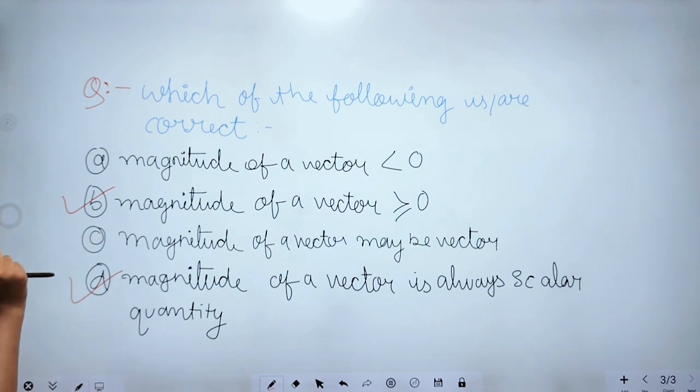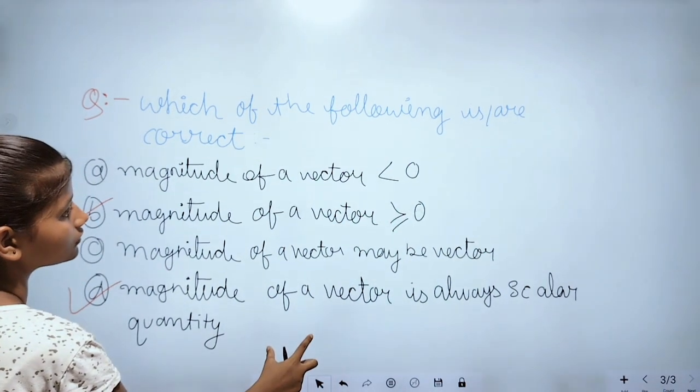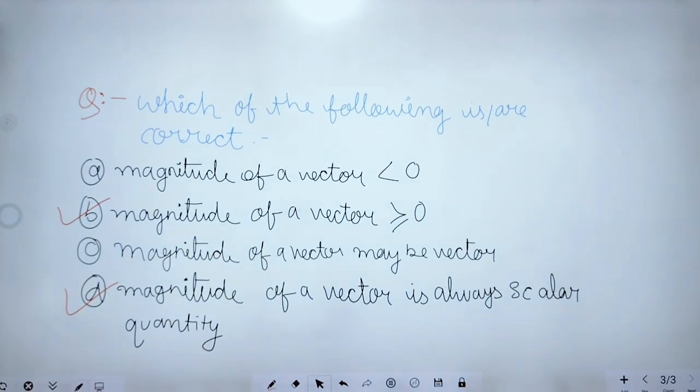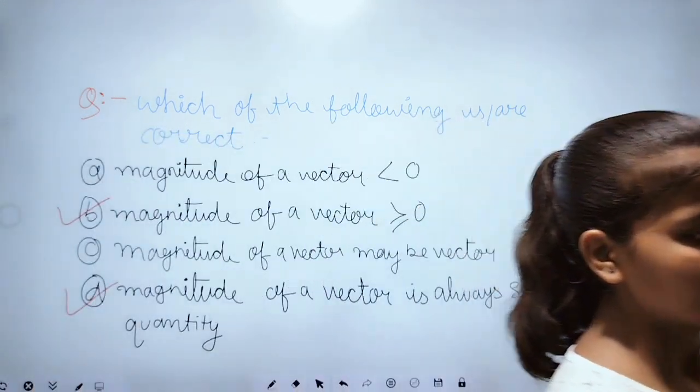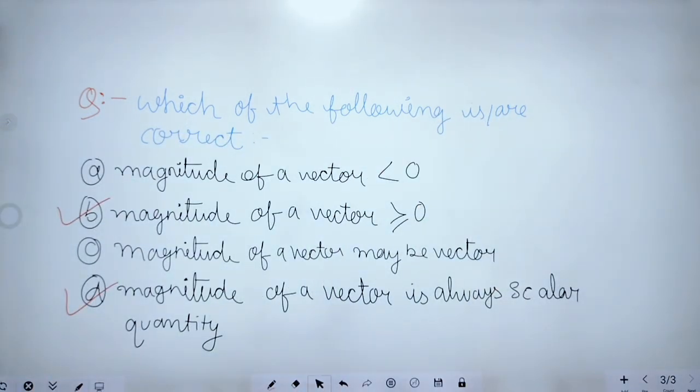So B and D are our correct options. That the magnitude of a vector is greater than or equal to 0, and the last one is that the magnitude of a vector is always a scalar quantity. So I hope you understand this question very well.